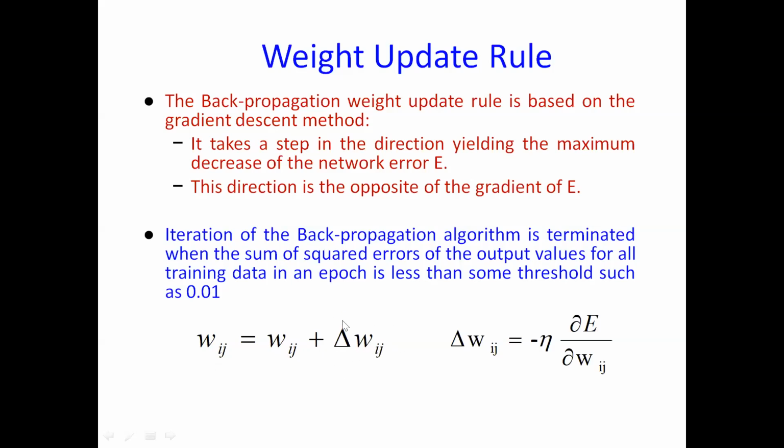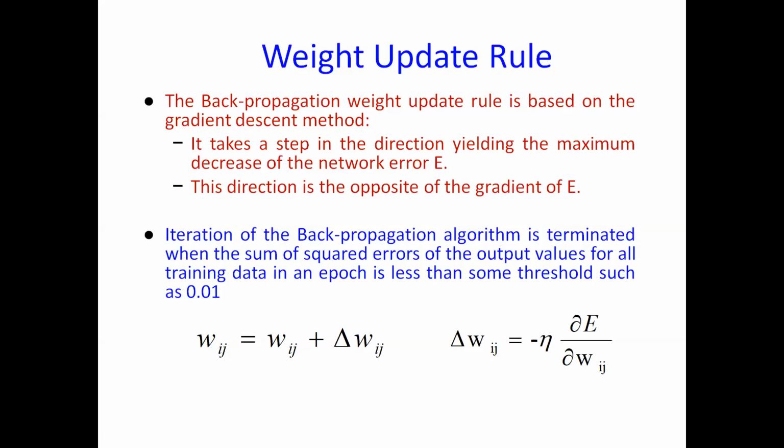This is a variation in weight, and when you add this variation to the current weight, you get the updated weight. And this del Wij is nothing but the opposite of the gradient of E.